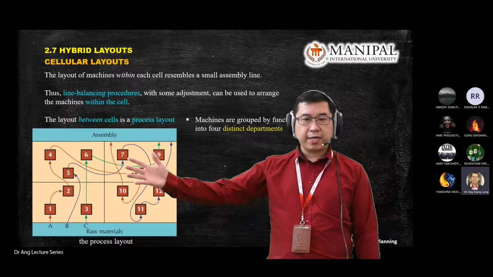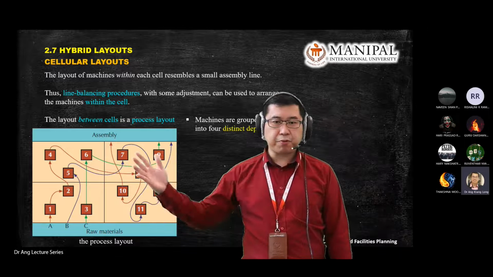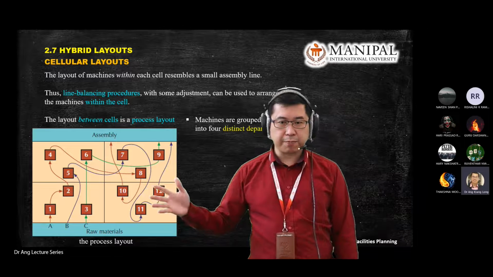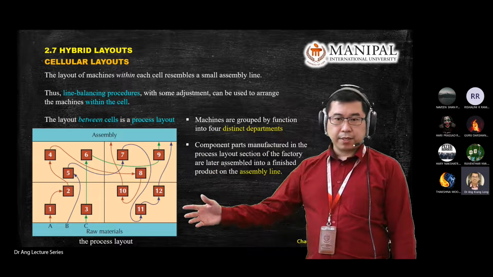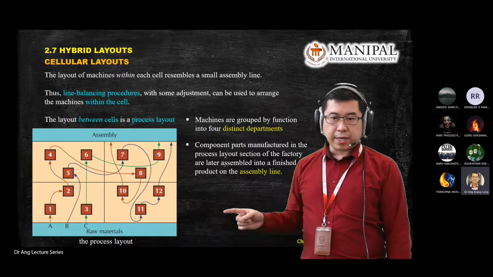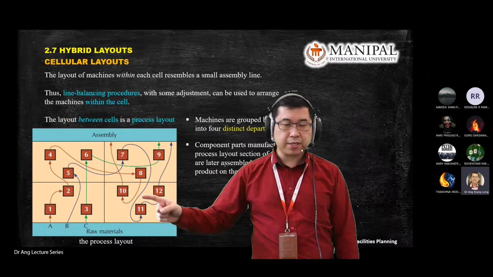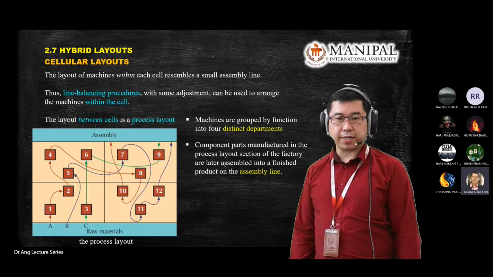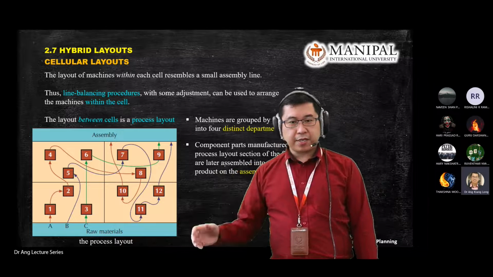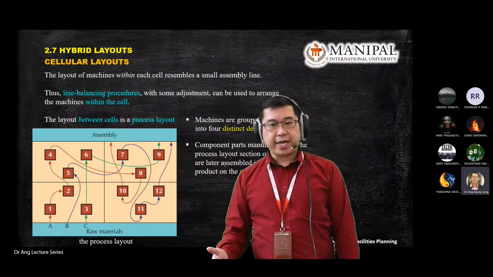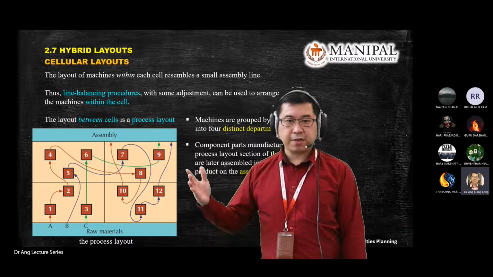Or you can say there are four function departments, or 4 main process departments, in the production floor. You can see all the colored lines here. They mean the process used to assemble. You see A, B, C there. ABC stands for product A, product B, product C, or parts A, B, C.